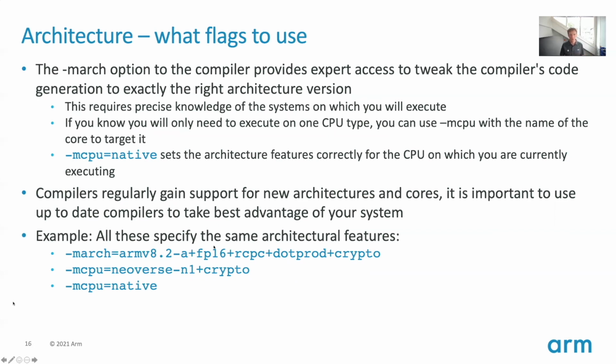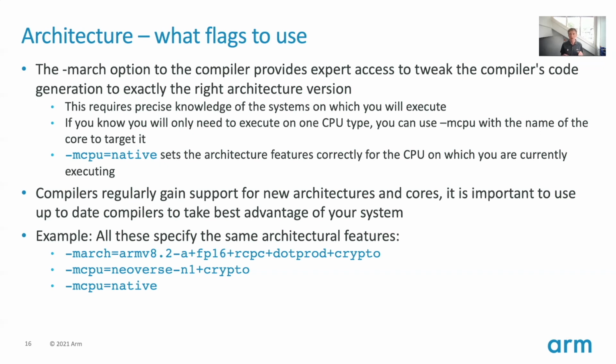So some of these ones listed here happen to be what the Graviton system implements, which are 16-bit floating point, something that stands for release consistent, processor consistent, atomic lock instructions. It's not totally important what that means today. Dot product instructions for doing dot product operations on registers, and crypto instructions, which are for doing things like AES and SHA calculations for cryptography.